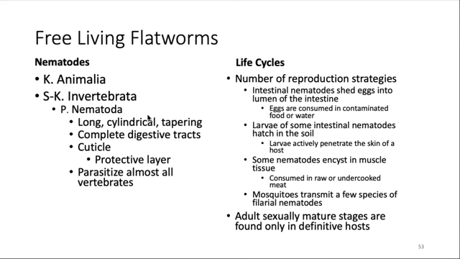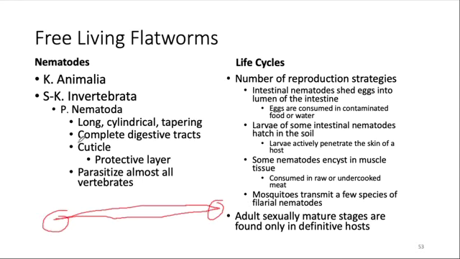Still on the roundworms, we have the free-living flatworms that are part of them. They belong to the subkingdom Invertebrata, the kingdom Animalia. They are long, cylindrical, and tapering. Tapering in that their body would typically present this way, so that the ends taper off.